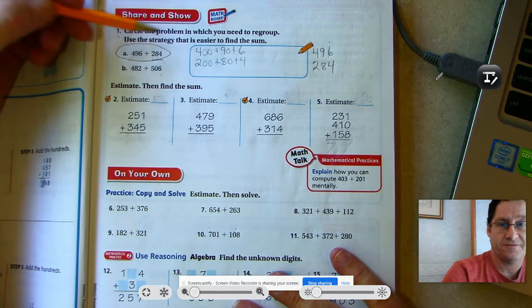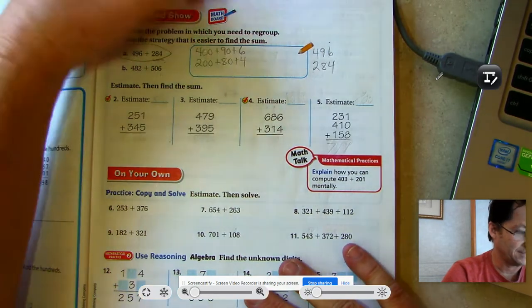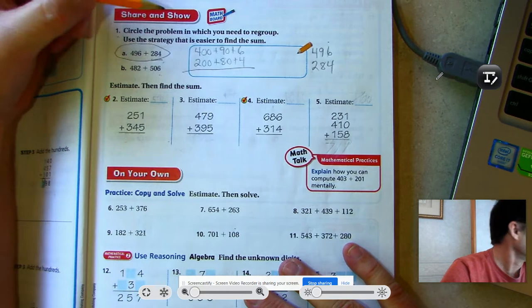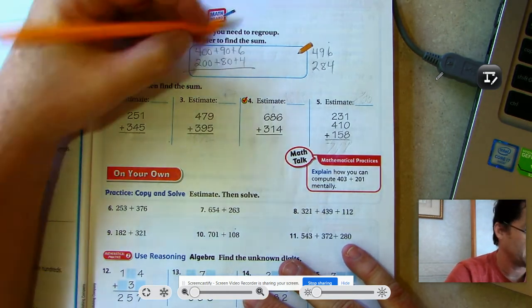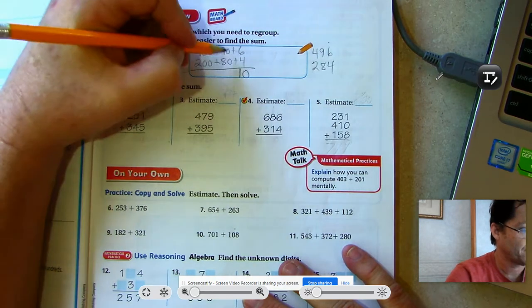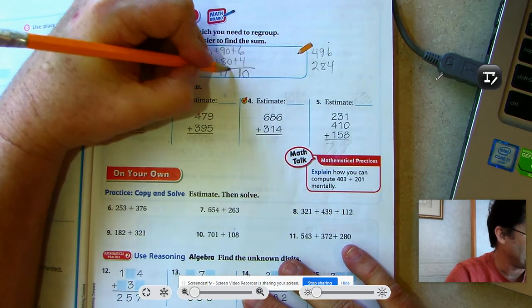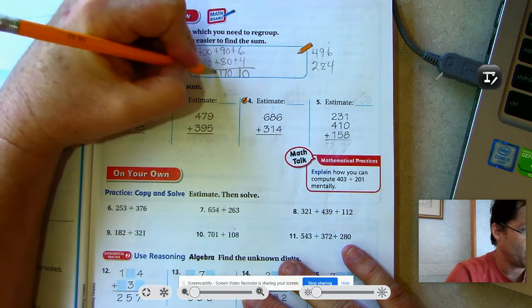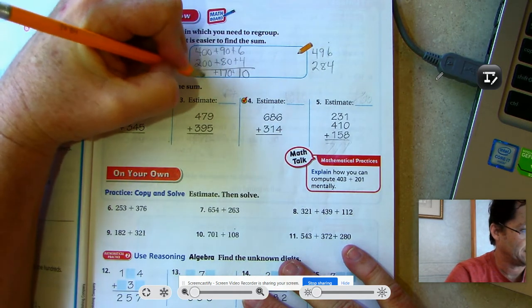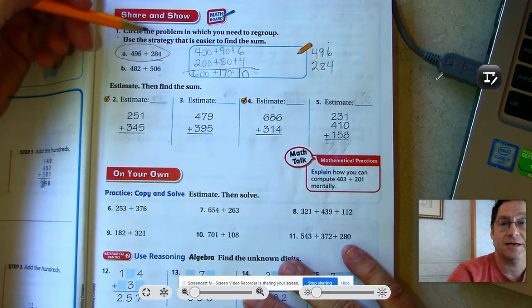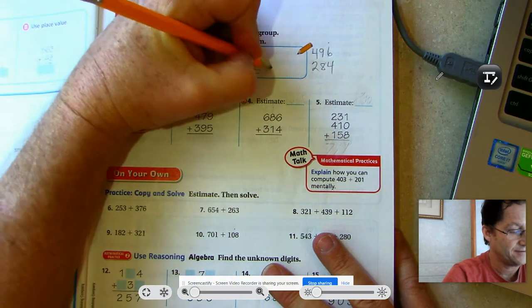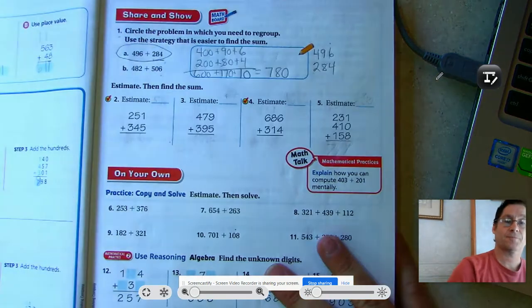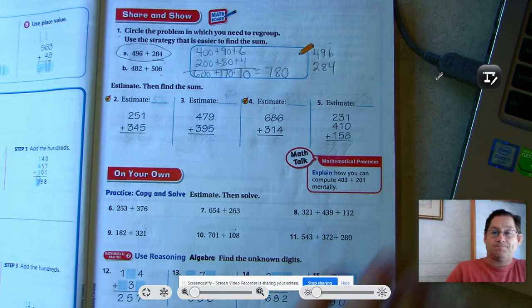Any strategy that you find to be the easiest to find the sum. I'm going to go ahead and stick with the break apart strategy. 6 and 4, I get 10 ones. 90 and 80, I'd get 170. And 400 and 200, I get 600. And now we're just going to put that back together as a sum. 600 and 170 is 770 plus 10, 780. Okay, number 2.